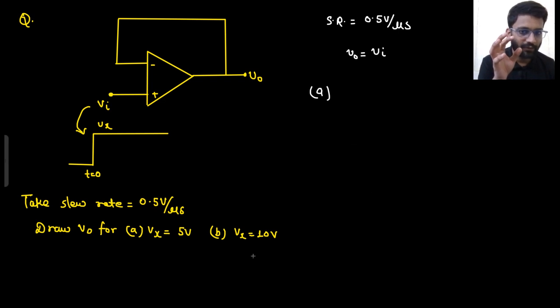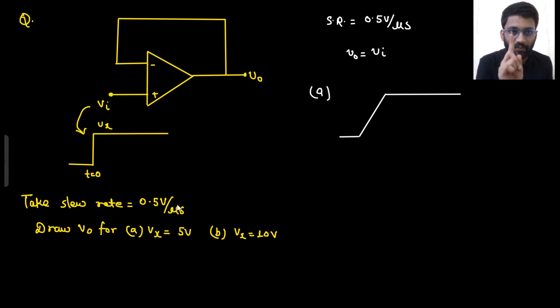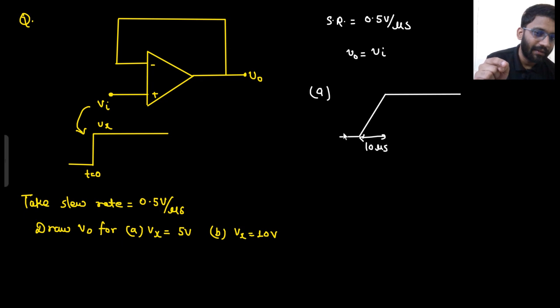It needs to rise from 0 volt to 5 volt, but it will take some time. From 0 to 0.5, it would take 1 microsecond. From 0 to 5 volt, it would take 10 microseconds. Right?